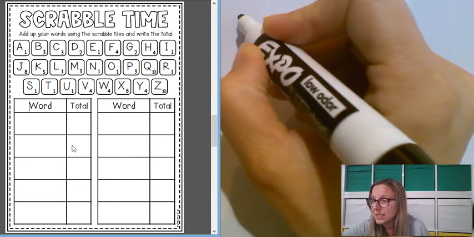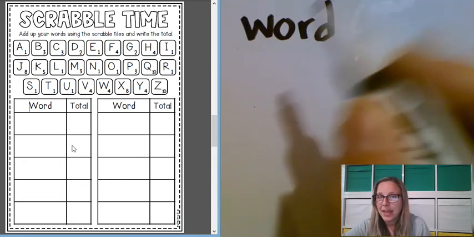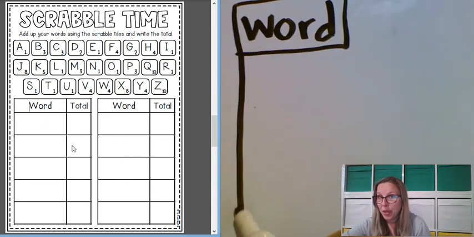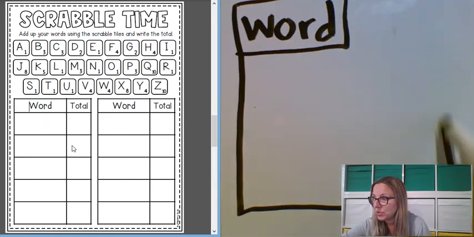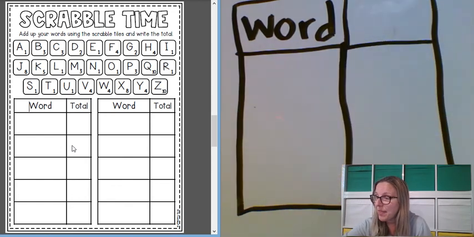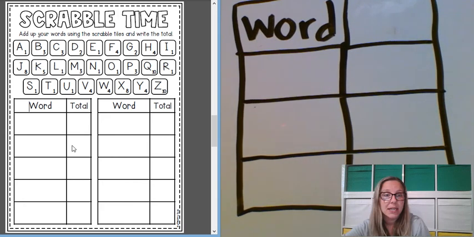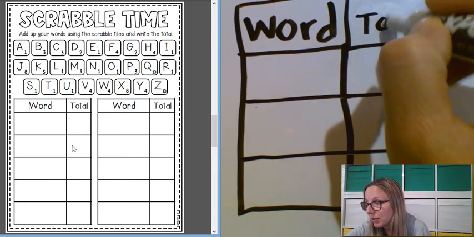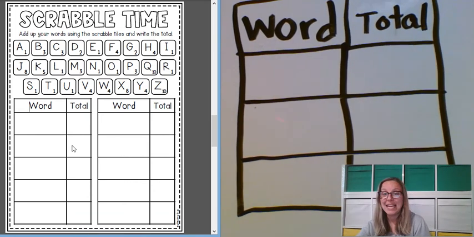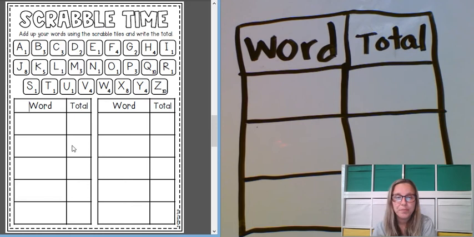In one column, it says word, and that is the column where you will be writing the words that you choose from the spelling list this week. And in the other column, it says total, and that's where you will be writing the total amount that your letters added up to.